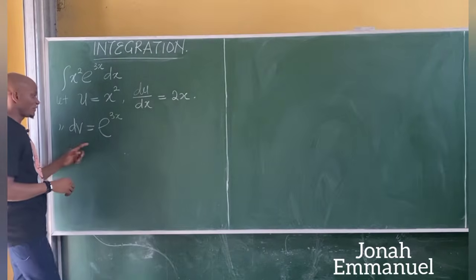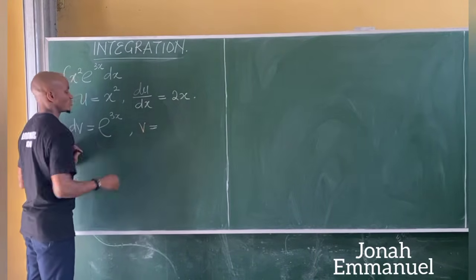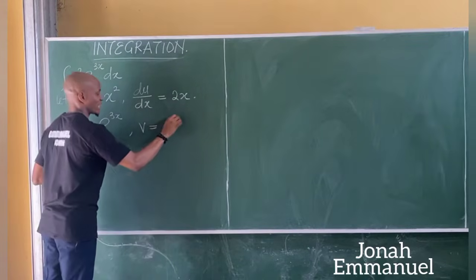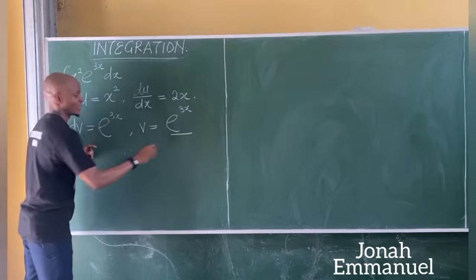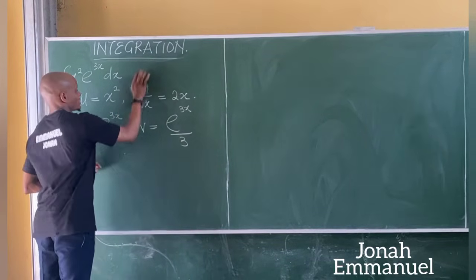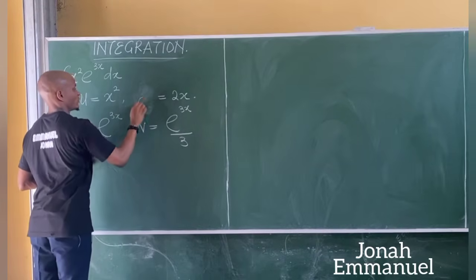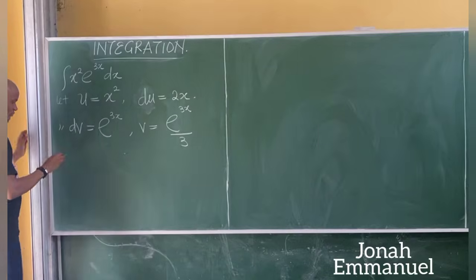From here, if I integrate this, I'll have that v is equal to, repeat this, that's exponential 3x all over, differentiate 3x, I'll get 3. Perhaps we could take this as du instead of du over dx. So this is my du value.